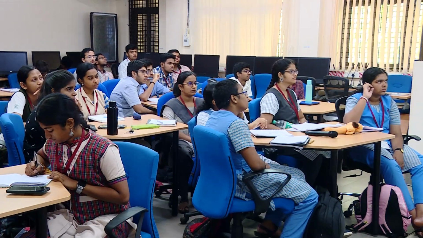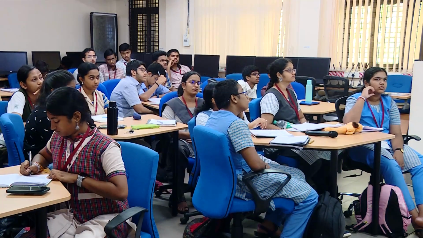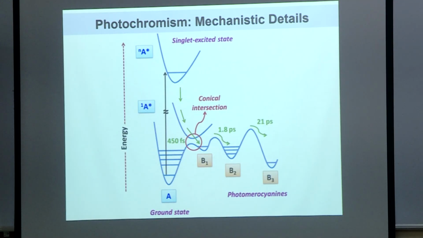So you need a large volume in the crystalline lattice surrounding a particular molecule. Only then could a crystalline state photochemical transformation be possible. But it looks like for this compound you have the necessary void space surrounding the molecule, and it can undergo ring opening to give you a colored state. You can also do the reversible process, which is not shown here.